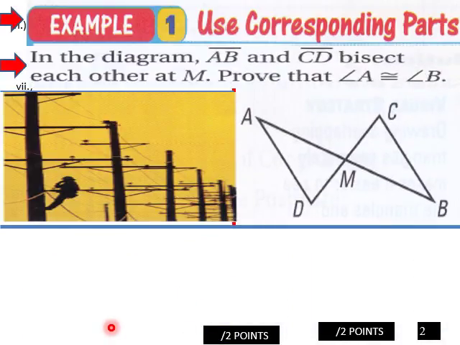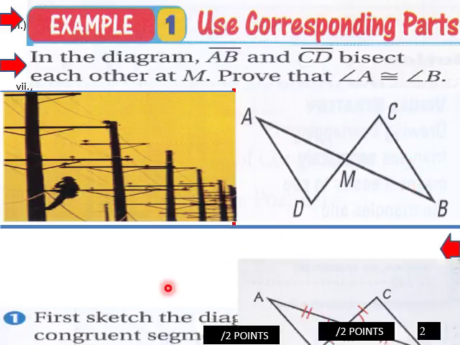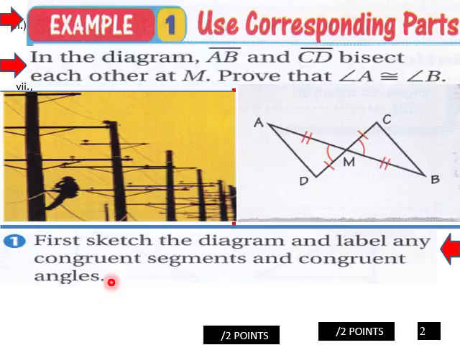So therefore, using corresponding parts in the diagram, line AB and CD bisect each other at M. So AB and CD bisect each other here. And prove that angle A is congruent to angle B. So angle A and angle B, we need to prove congruency there. For the sketch diagram, label any congruent segments and congruent angles.